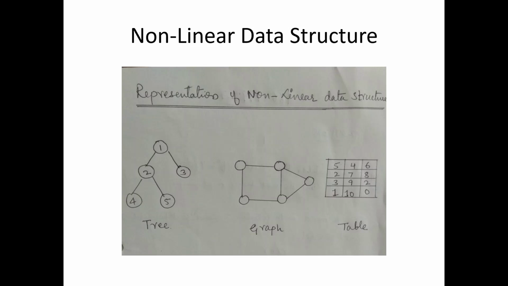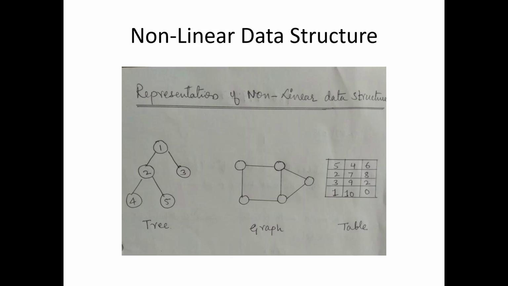Coming to the graph, you can create vertices and edges in the graph also, and it is also not in sequence. Then coming to a table, it has rows and columns, any number of rows and columns, and those are not in sequence. So these are the examples of non-linear data structure.